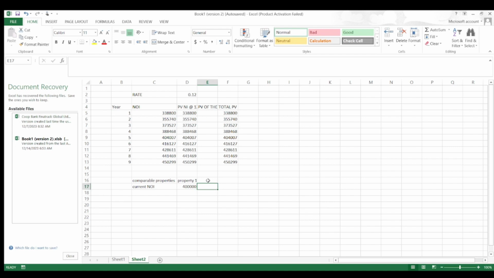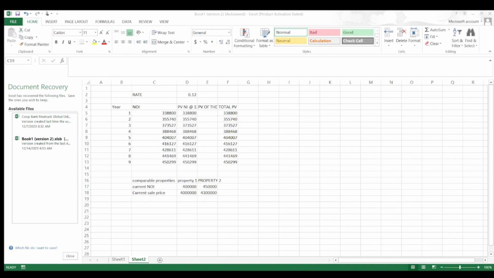And for property 2, it's 450,000. Now the current sale price for the first property is 4 million, and for the other property it is 4.3 million.